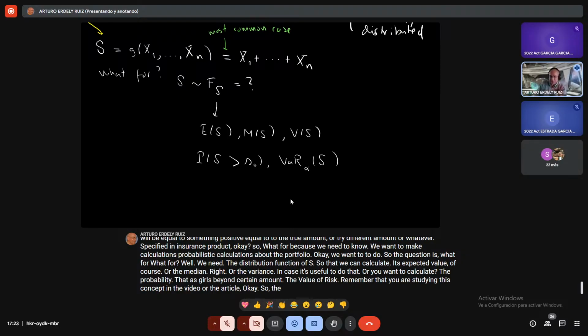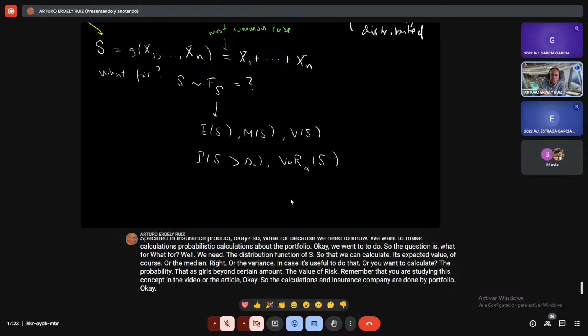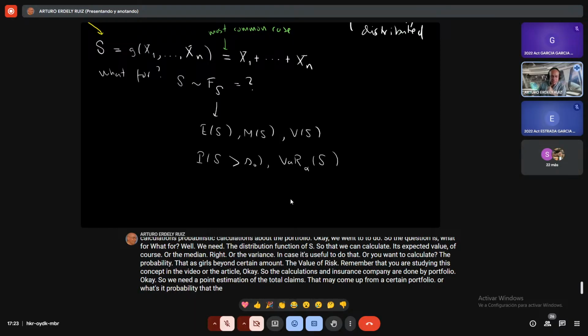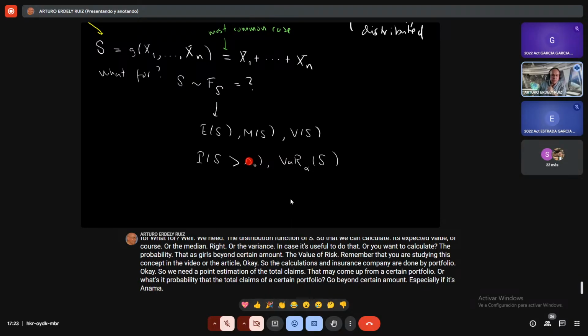So the calculations in an insurance company are done by portfolio, okay? So we need a point estimation of the total claims that may come up from a certain portfolio. Or what's the probability that the total claims of a certain portfolio go beyond a certain amount, especially if it's a large amount that the insurance company is not well prepared to handle, right?